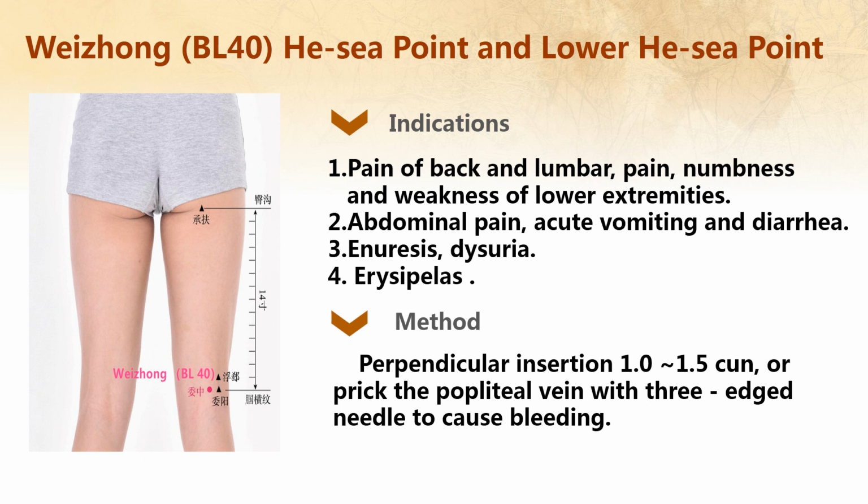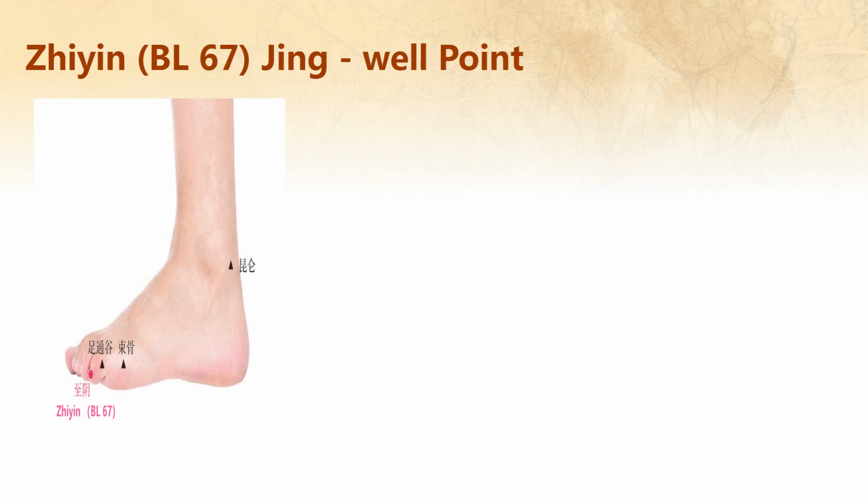The operation method is perpendicular insertion 1 to 1.5 cun, or prick the popliteal vein with a three-edged needle to cause bleeding.